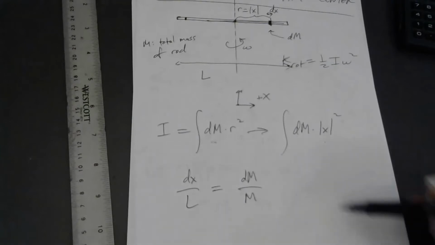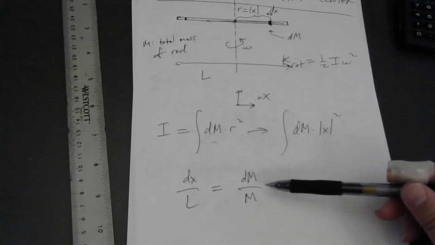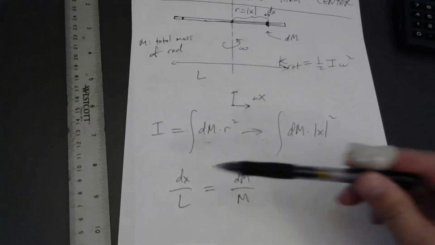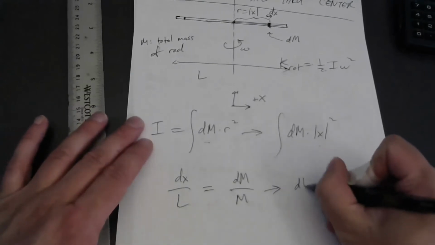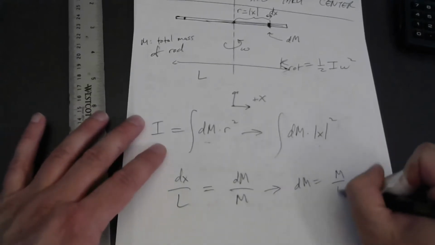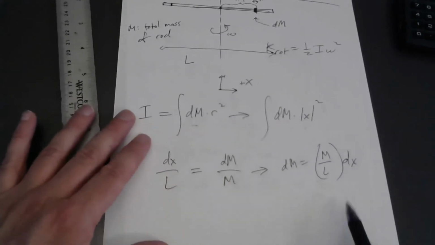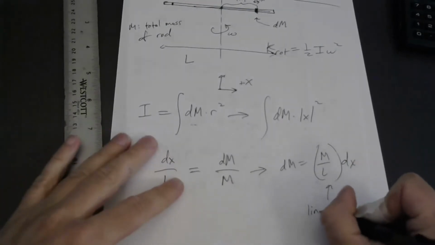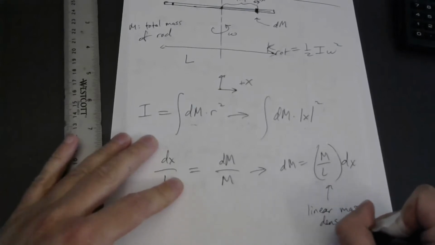Okay, what we've accomplished here is we found a ratio or an equality that's going to allow us to rewrite dm in terms of dx. So if I move some stuff around, I find that dm is m over L times dx. And this quantity is called the linear mass density.